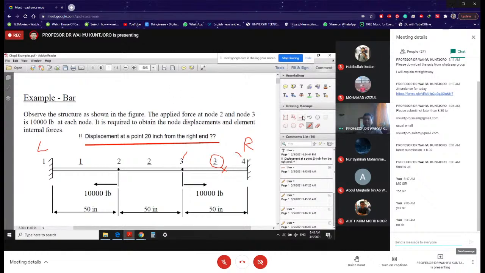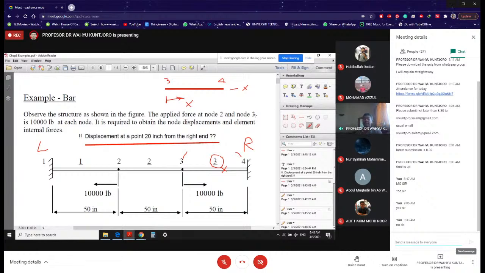So let's say that this is this element, okay? That is element number 3, and nodes are 3 and 4. So that is going to be your x-axis, all right? And your x is measured from left. So you see that element, okay?